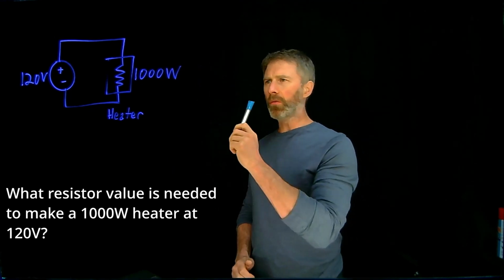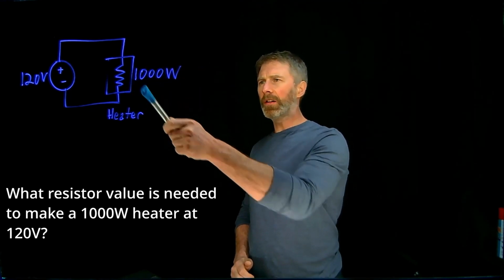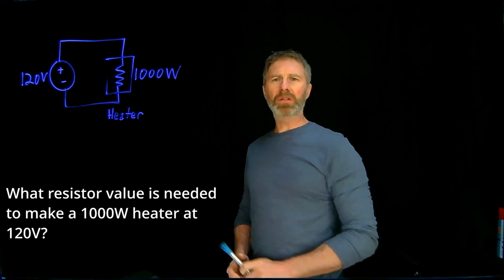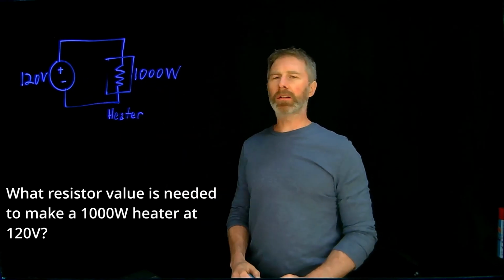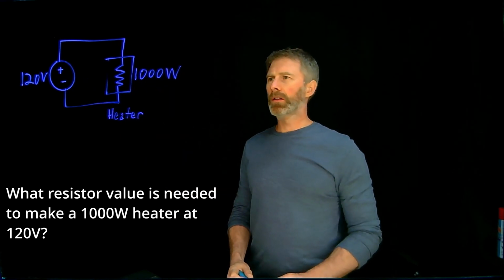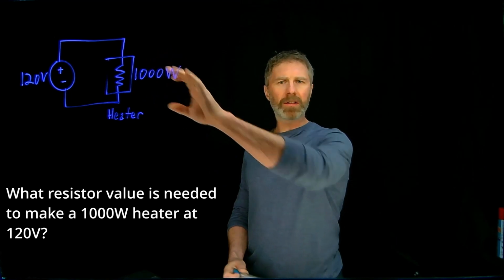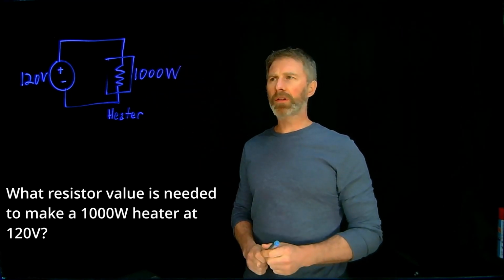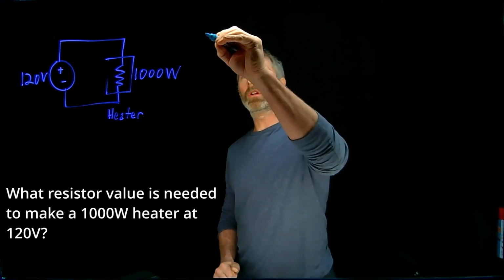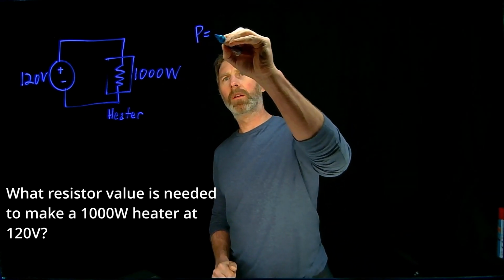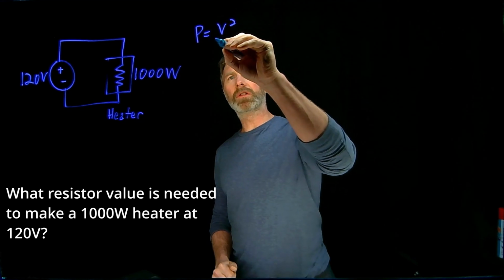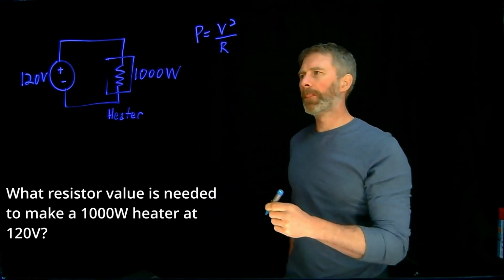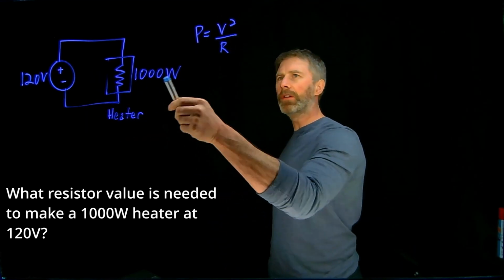Now in this question, we want to know what resistor value we will need for this 1,000 watt heater if it's connected to a 120 volt source. So the heater is simply a resistor. It's connected to 120 volts. What is the value of that resistor that we need? Well, we know that power is voltage squared over resistance. We know the voltage and we know the power.